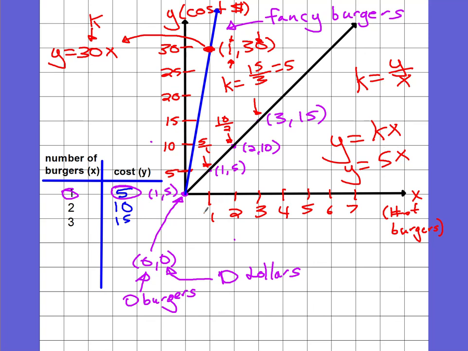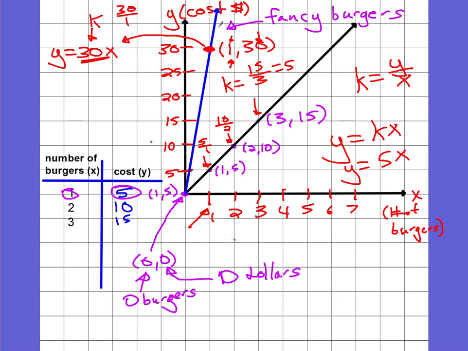I can also figure out how much it'll cost for any number of burgers. Essentially, I've got a k value, I've got how much it costs, and I can create an equation from it very easily. The easiest point to pick out is always the one that lines up on the x value of 1, because notice I had this ratio 30 over 1, and didn't even have to reduce it.